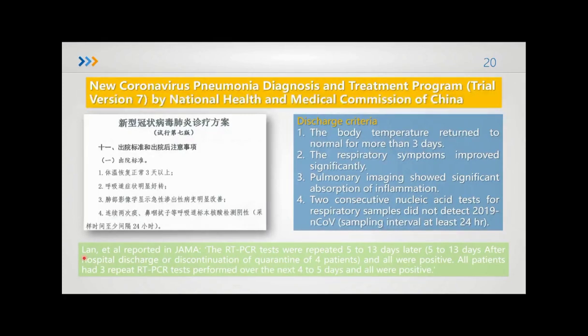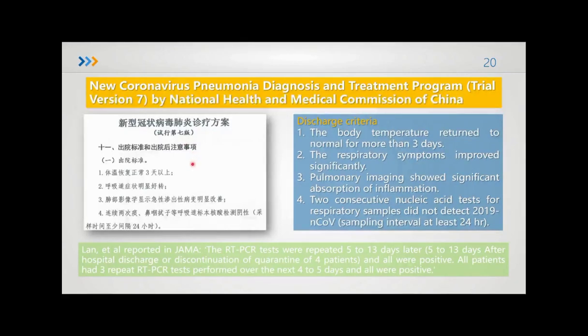All patients had 3 repeated RT-PCR tests performed over the next 4 to 7 days, and all were positive. The worrying cases of recovered coronavirus patients in China testing positive again for the infection have raised questions among doctors about the criteria being used for discharging people from hospital.